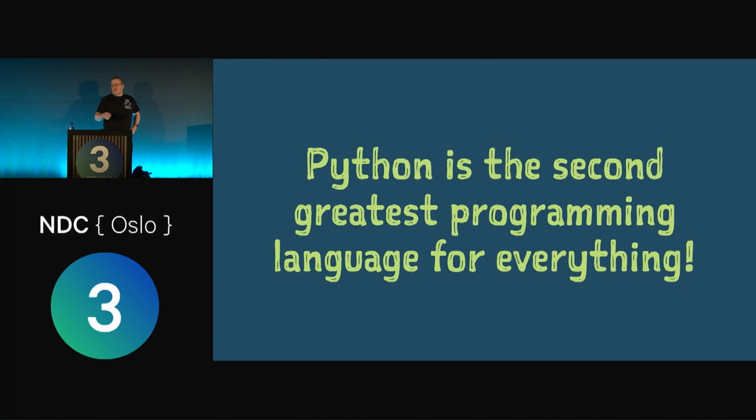So Python is the second greatest programming language for everything. At least this is something we can agree on. If you are a C# developer, F# developer, Clojure, then Python is still the second greatest programming language for doing absolutely everything.